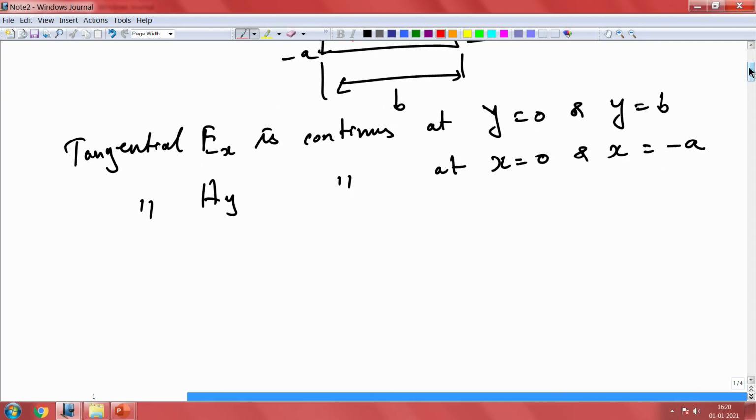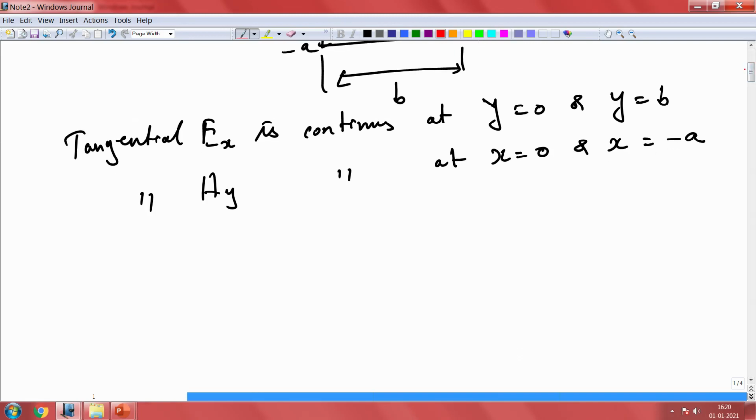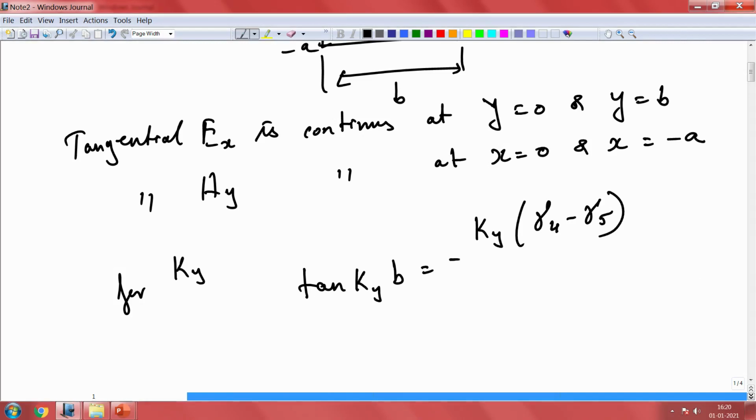We are going to directly pick up what Marcatelli has given as a final equation, the characteristic equation for Ky. For Ky he has given something like this: Ky B equals Ky (gamma 4 minus gamma 5) divided by (Ky squared minus gamma 4 gamma 5).